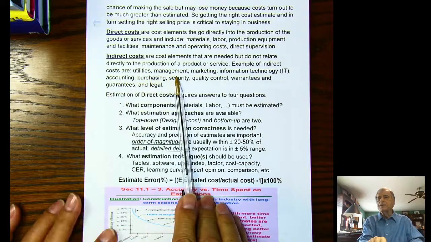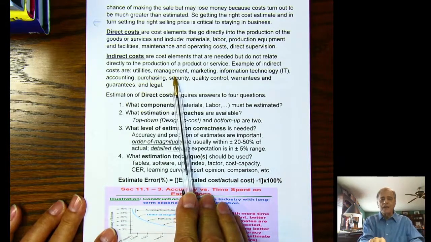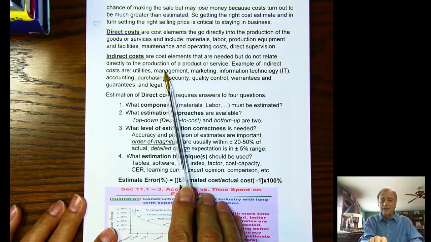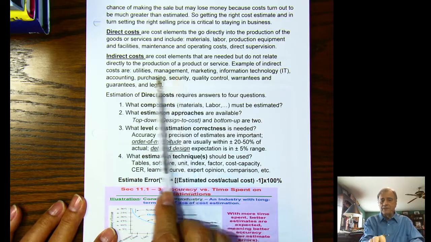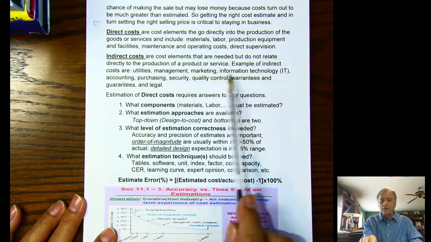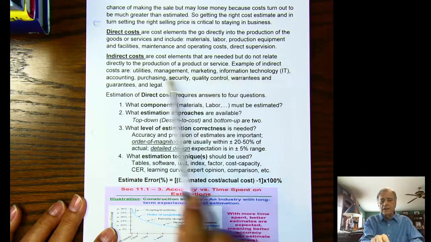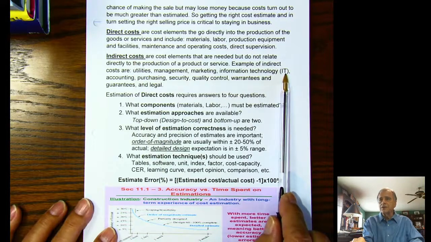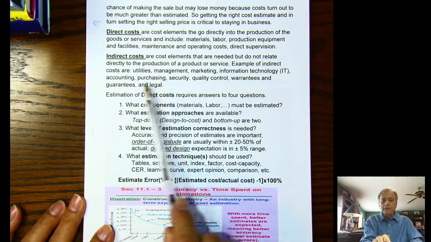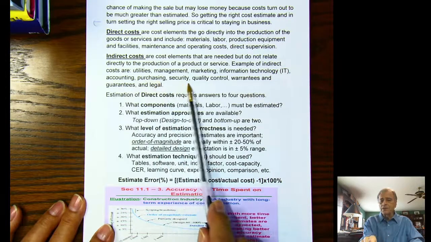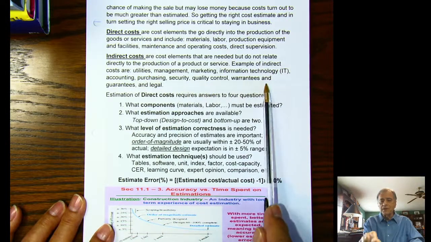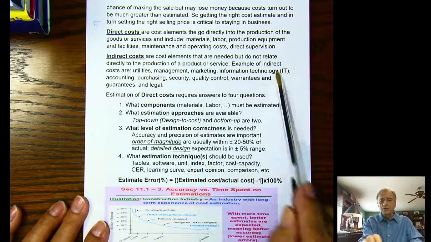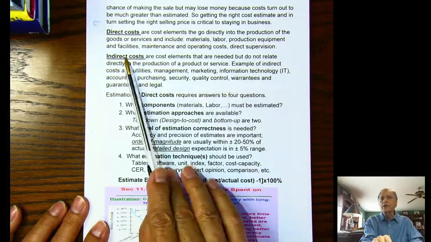The management staff and headquarters, the headquarters building. If it's not a manufacturing plant, then that building would be part of marketing cost. Indirect cost also includes information technology services, accounting, purchasing, security, quality control, warranties and guarantees, and legal. All of those would fall under indirect cost.